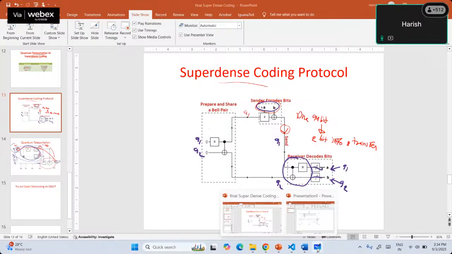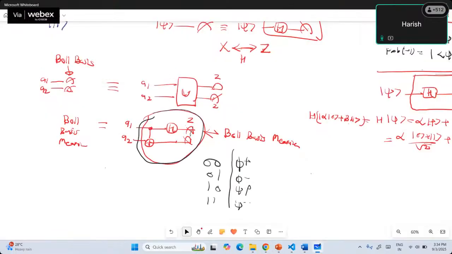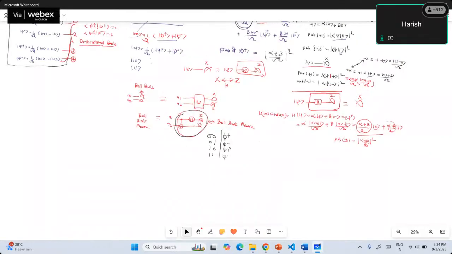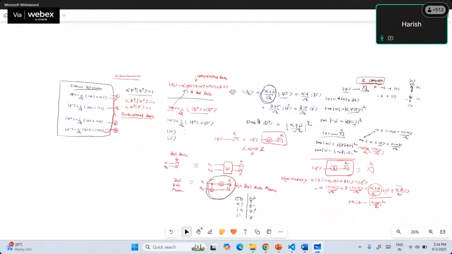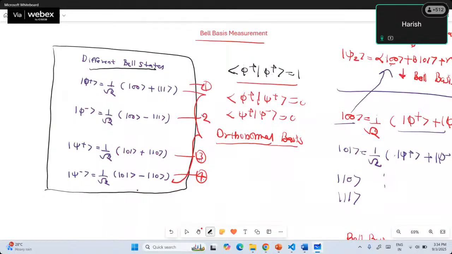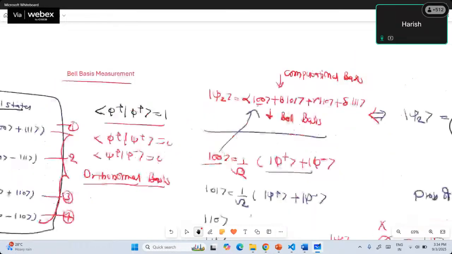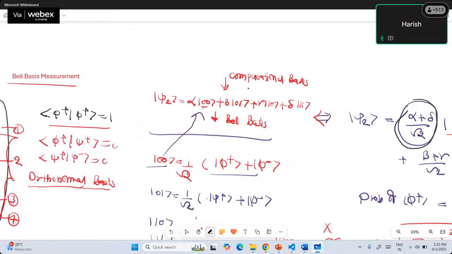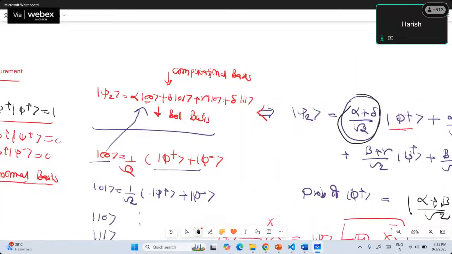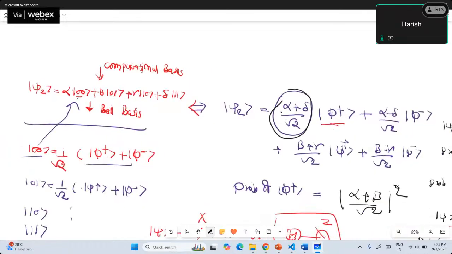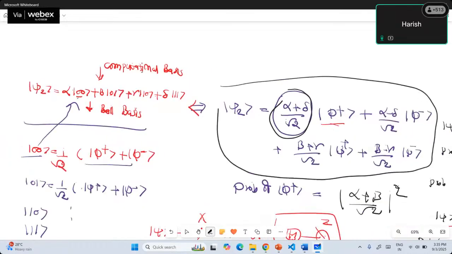I just want to recap for everyone what we wanted to do and what we have done. We know that we have four different Bell states, like this, and these four basis states are basically an orthonormal basis. Why? Because their inner product with themselves is 1 and with the others is 0, so they form an orthonormal basis. Any two qubit general state in computational basis can be written in Bell basis like this.